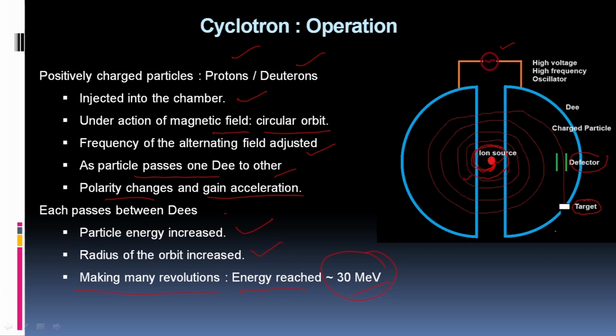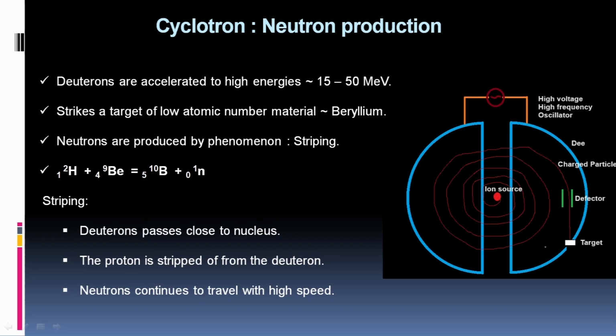But if we want to get neutron beams, the deuterons are accelerated up to a high energy of 15 to 50 mega electron volts, and they strike a low atomic number material target such as beryllium, and neutrons are produced by a phenomenon known as the stripping phenomenon of nuclear physics. Now here we have used a low atomic number material.